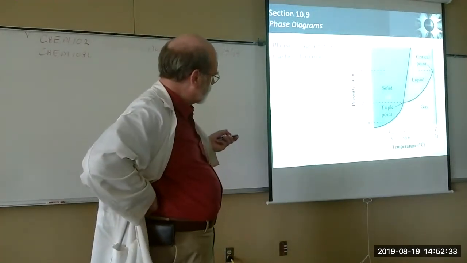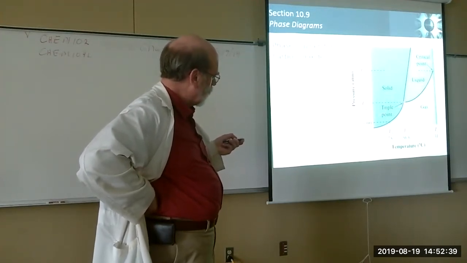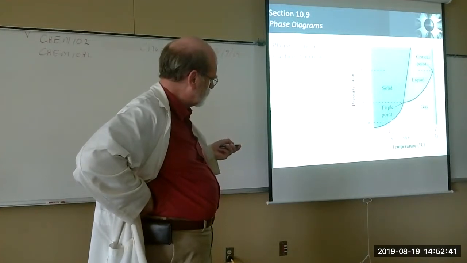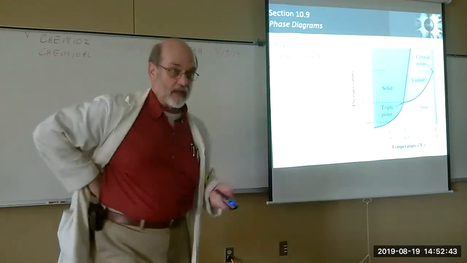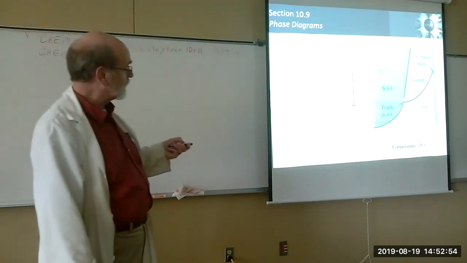Between this one and this one in here is solid gas. So along this line right here, you have both solid and gas present at the same time, whereas along this line, you have solid and liquid together.